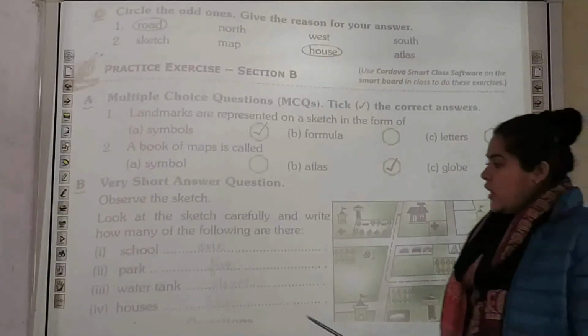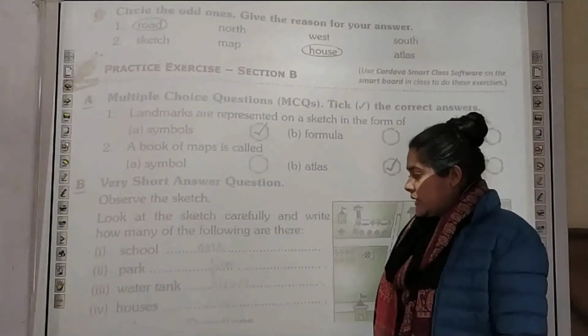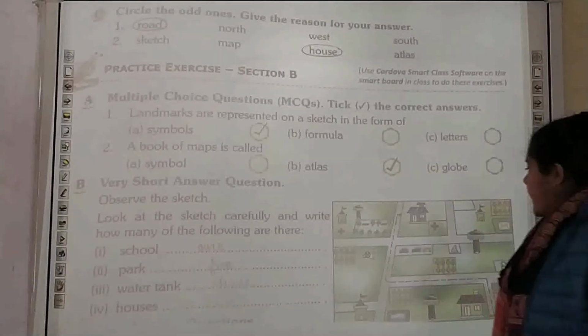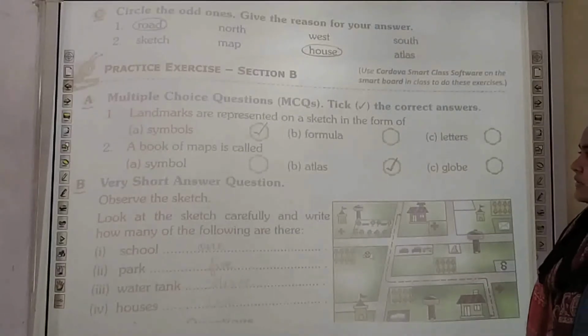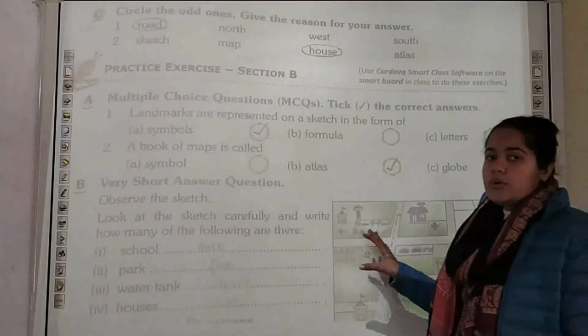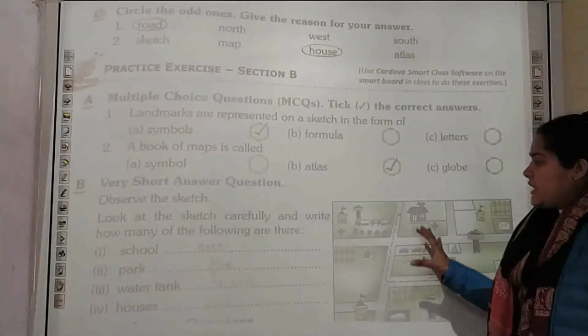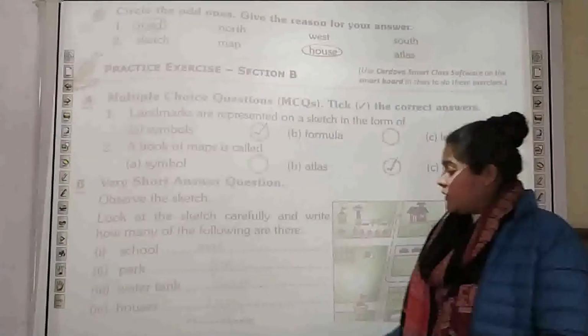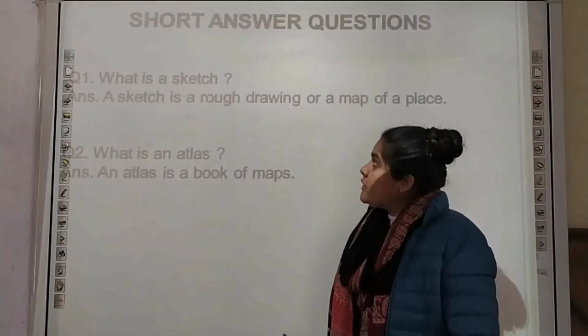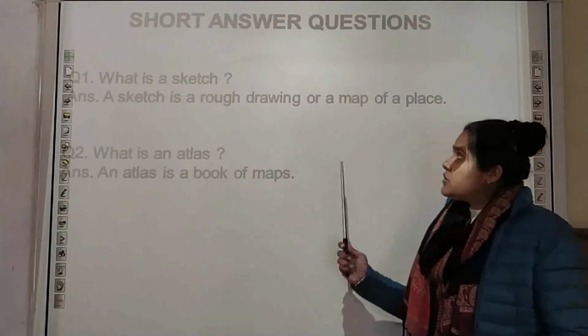So there are 3 water tanks. The next is house. As you people are aware, this one and these are the only 2 houses which are present. This is how you can look at any sketch and find out the various landmarks and the symbols regarding that, okay.